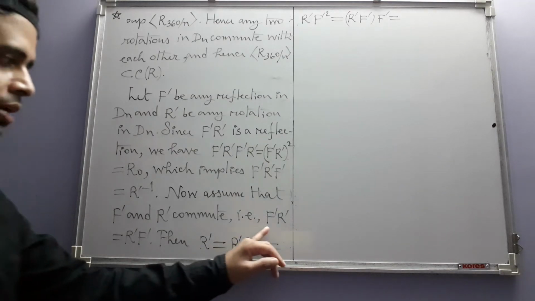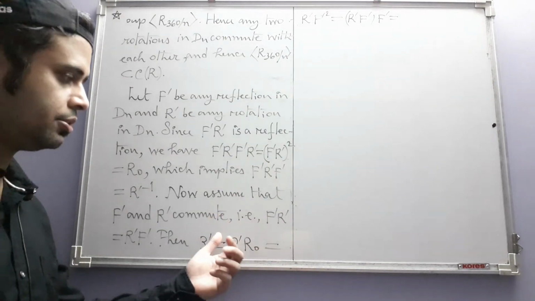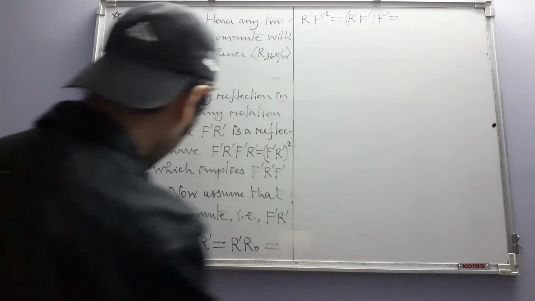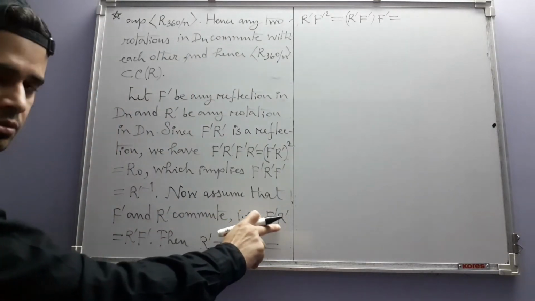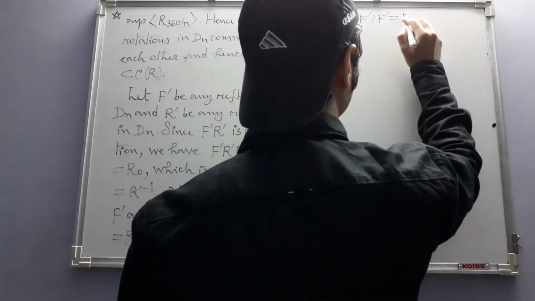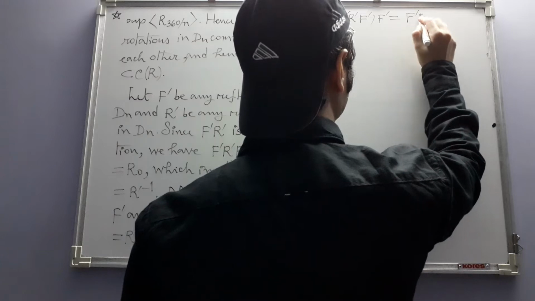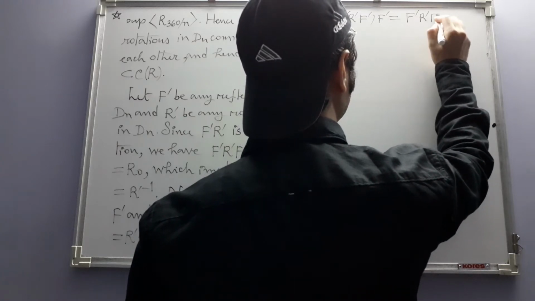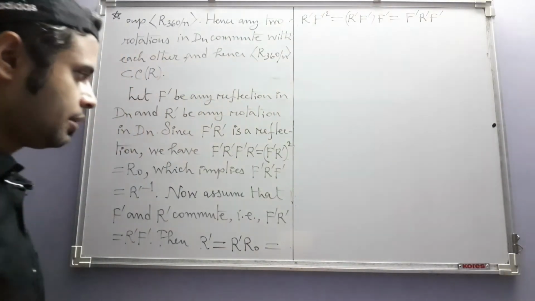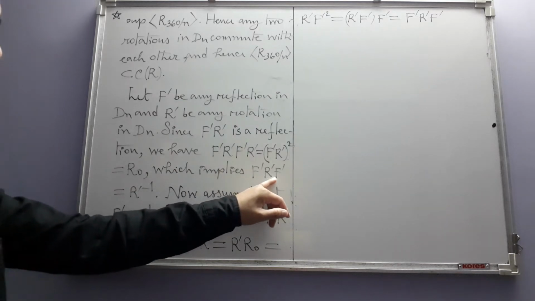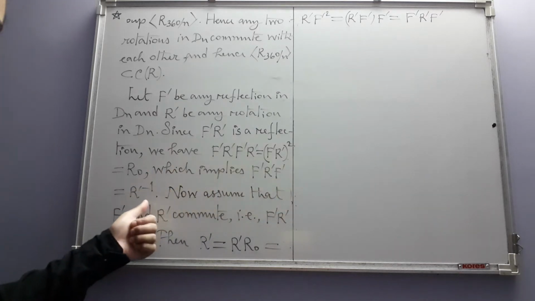Okay, so far we have not used this, but now we are going to use this. In place of R prime F prime, we are now going to write F prime R prime. And you see that it is nothing but this, so which is equal to R prime inverse.